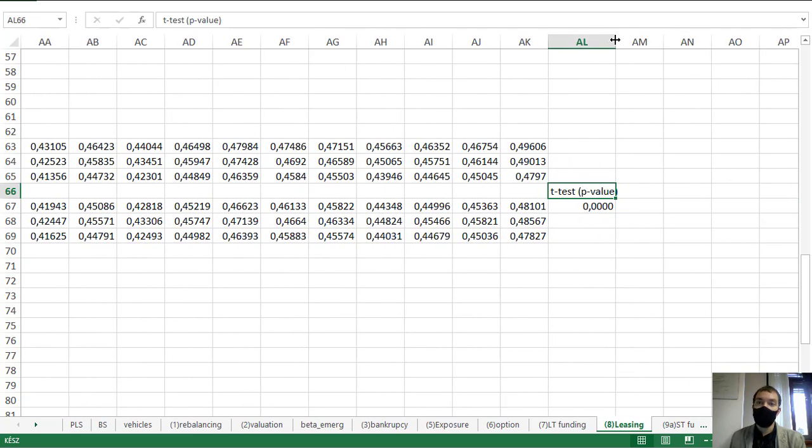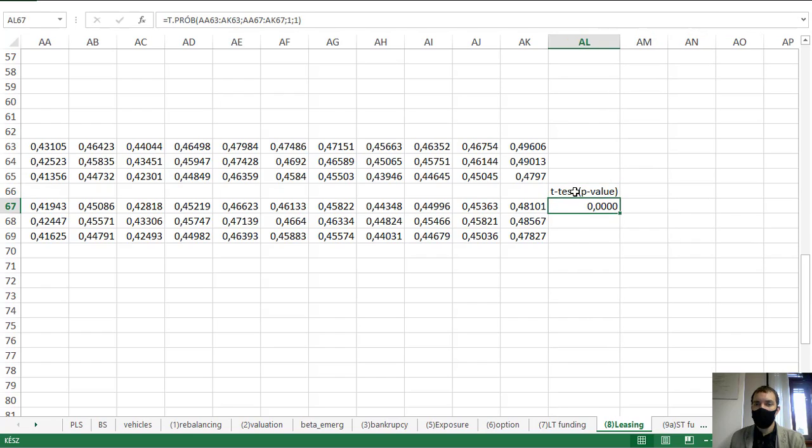We know from statistics that if the p-value of the t-test is under 0.05, then it is significantly different. Yeah.